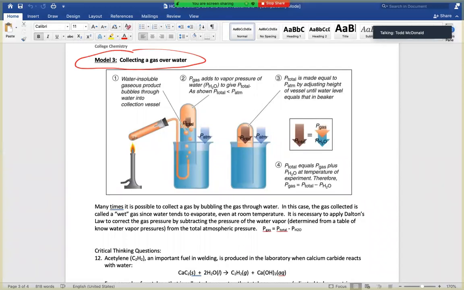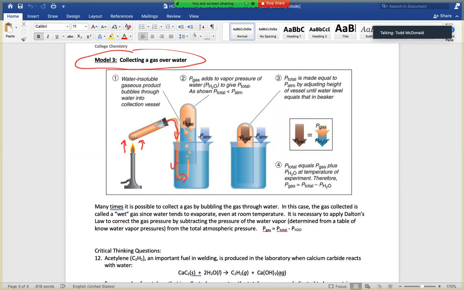Let's say you had a reaction in a test tube and it was producing a gas, and we wanted to actually collect the gas. Here's what we would do. If you look at this picture, we've got a test tube here that's being heated up, and that is causing the reaction. The gas that's being produced, we're putting it through a little tube.